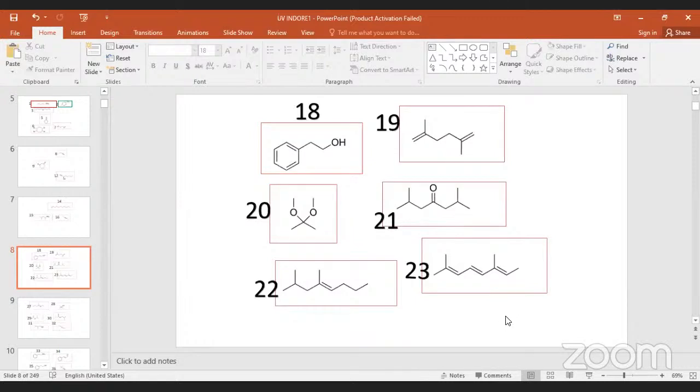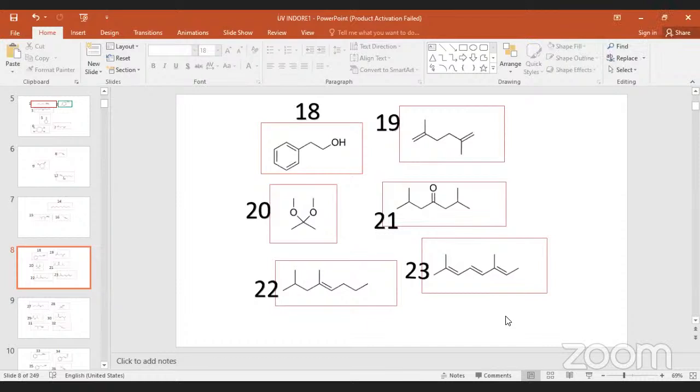So 22. This is 2,4-dimethyl hept-4-yne. It is octene. 2,4-dimethyl. Yes, correct, madam.